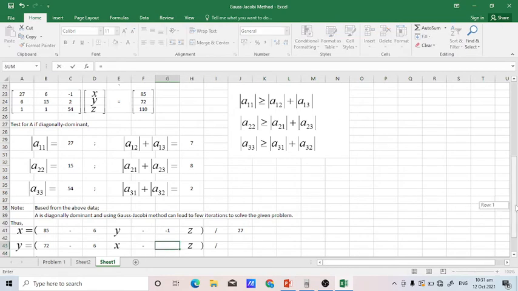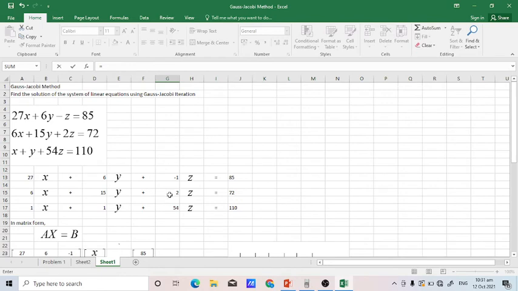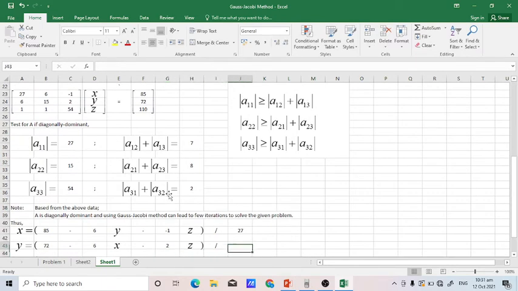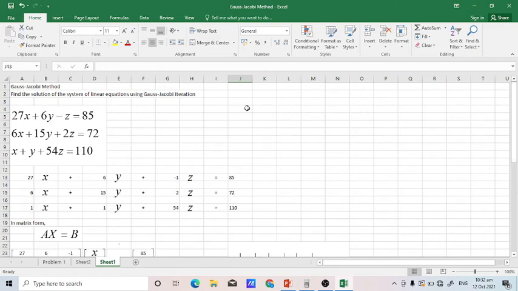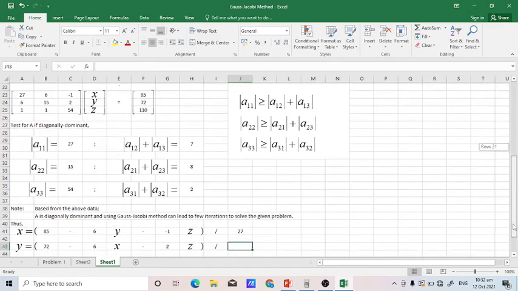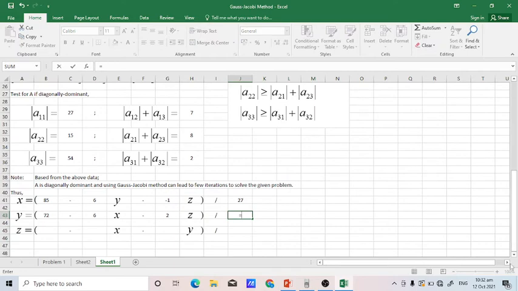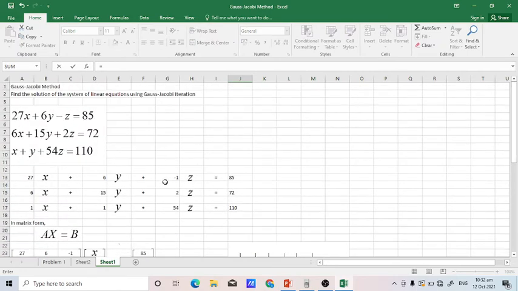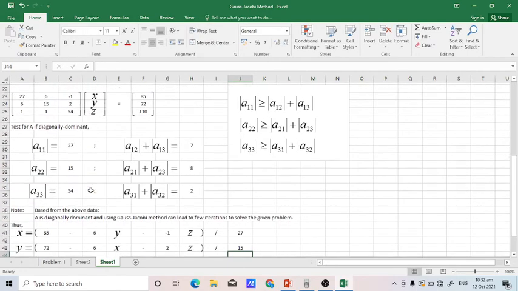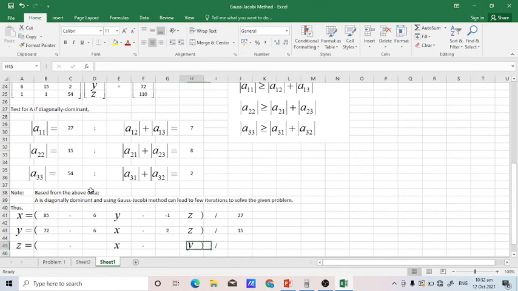So, minus blank z is minus 2z. Then, over kung ano yung coefficient ng y dun sa second equation. 15 yon, 15. So, coefficient ng y. So, over equals natin dun sa 15. Ayan. Okay? And then, z.